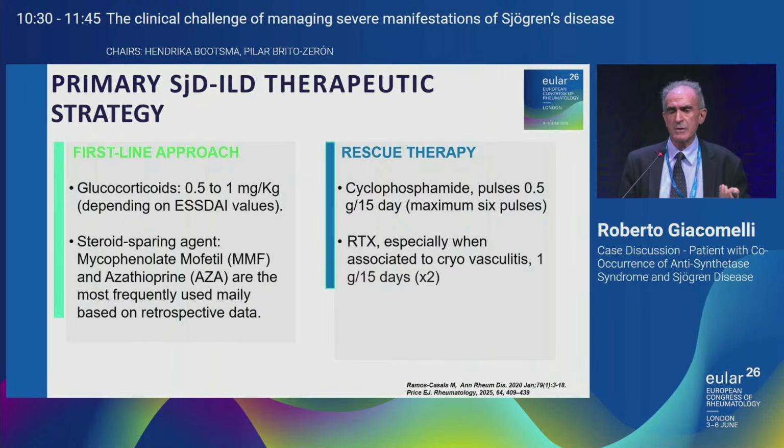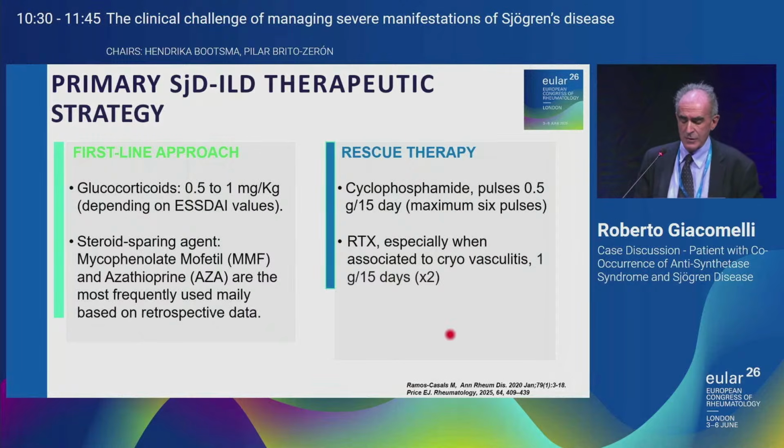But sometimes patients develop a progressive form of the interstitial lung disease, and in this case, we start therapy with cyclophosphamide pulses associated with rituximab, especially in patients in whom we also have clinical features like cryovasculitis that are a clear marker of B-cell activation.